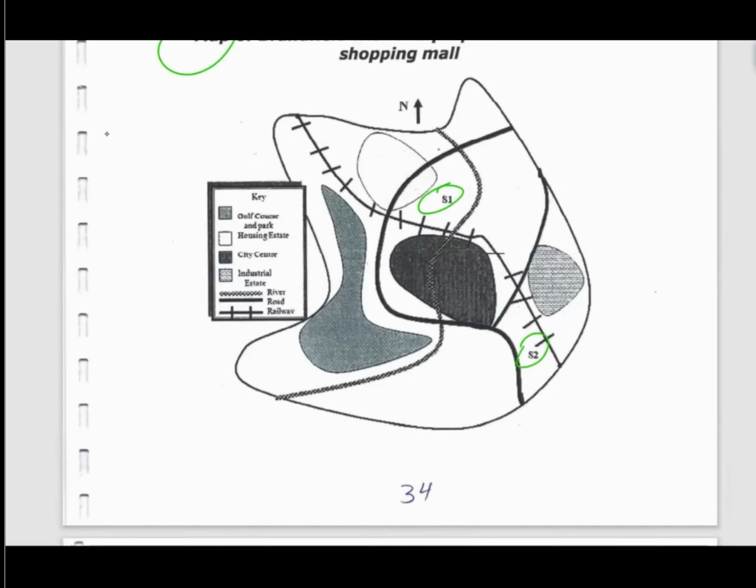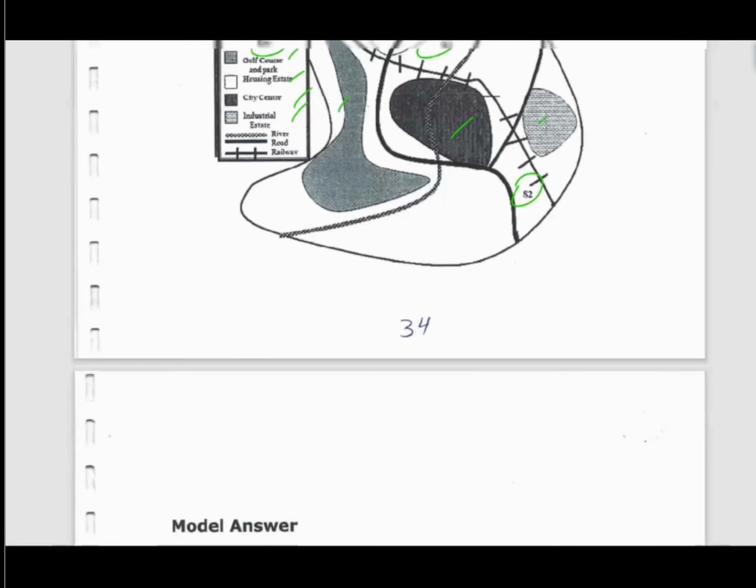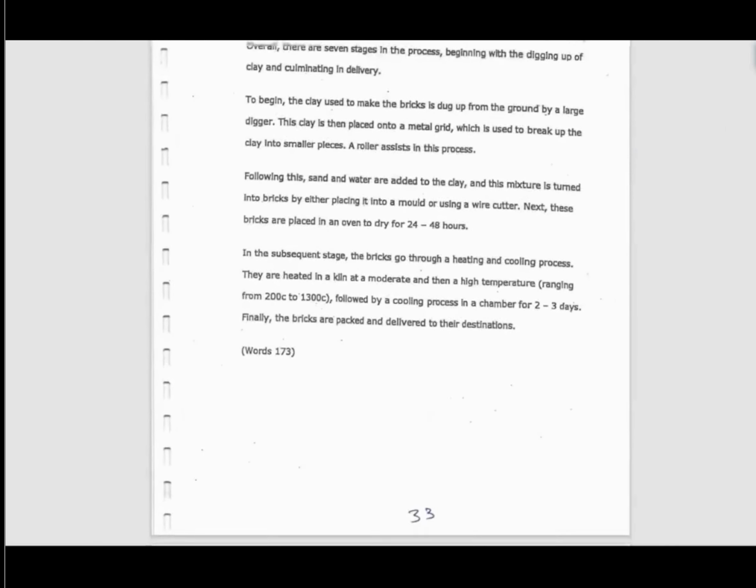Okay, on the left, on the right, on the north, on the south. And there will be a key to show you the meaning of these areas. So that will all help. So you just describe where things are located in the map. Okay. That's all about task 1.